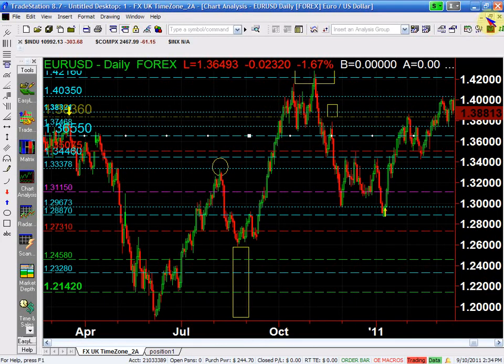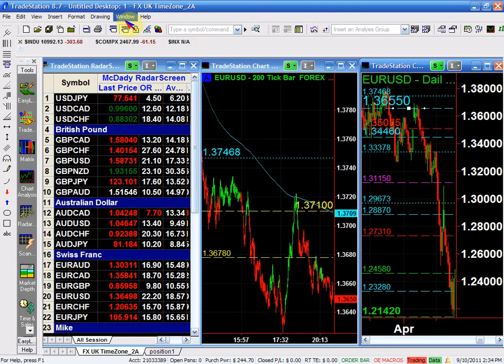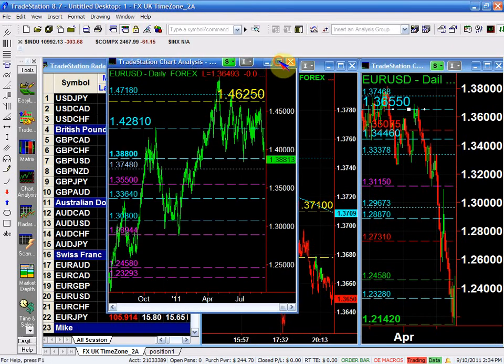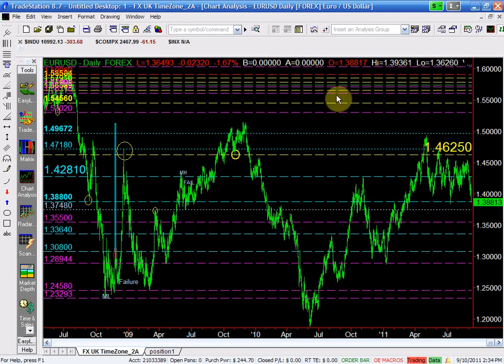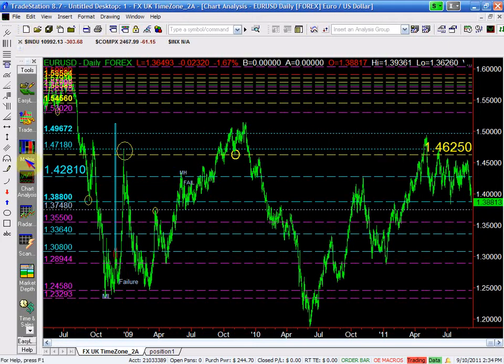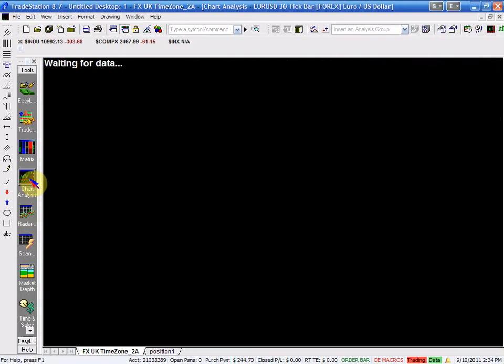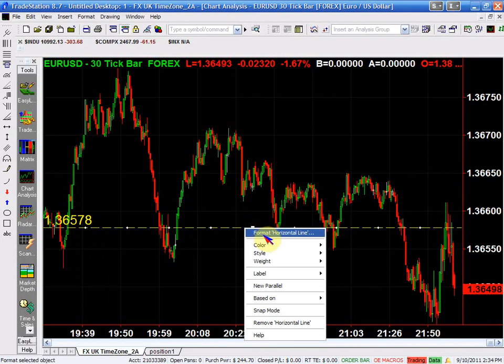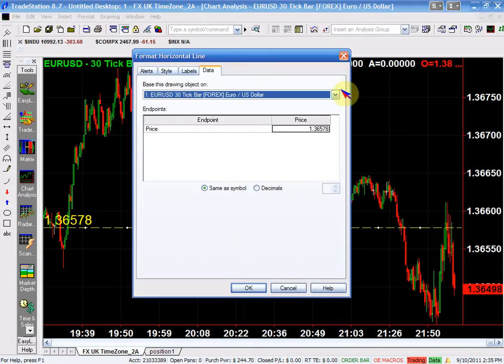Too many lines here on this chart. I want to get a clear picture of what I'm looking at. So 136.55.